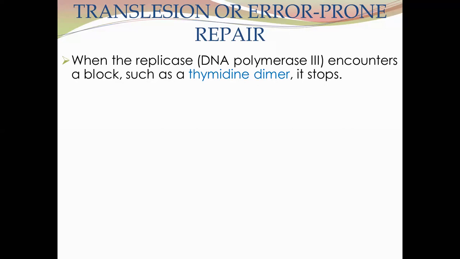This damage to the DNA may be in the form of a thymidine dimer. So when such a damaged segment comes during the replication process, DNA polymerase III stops its function.